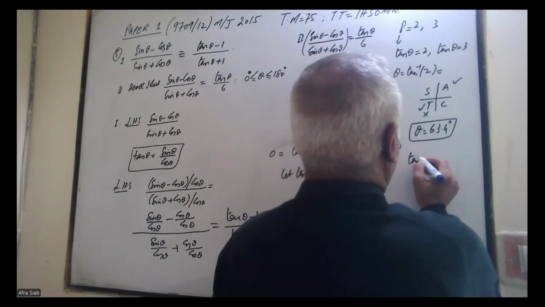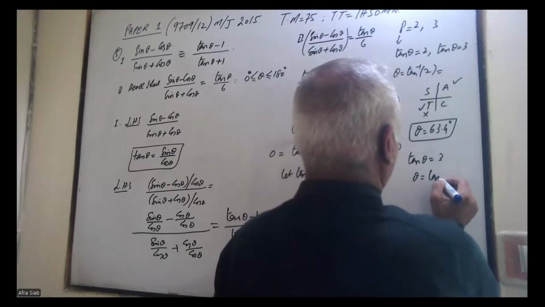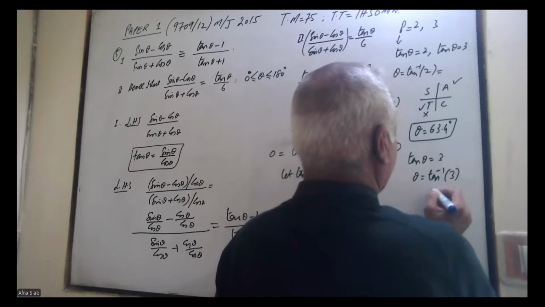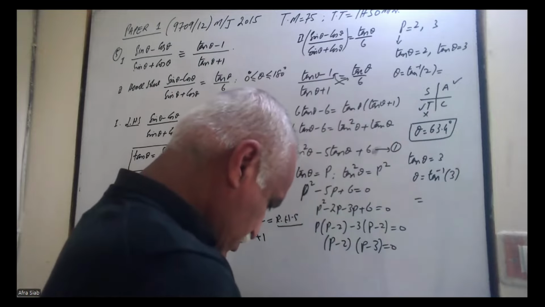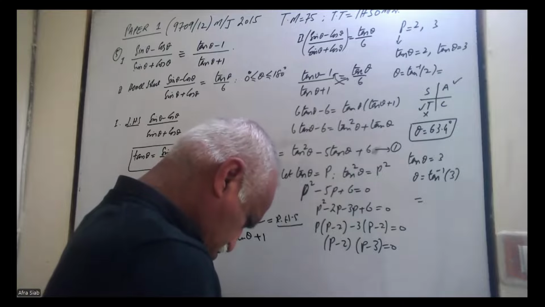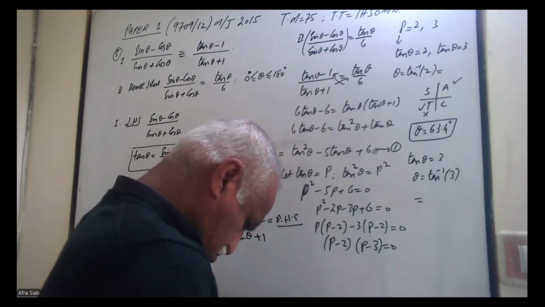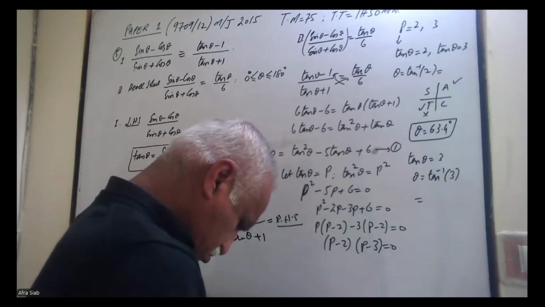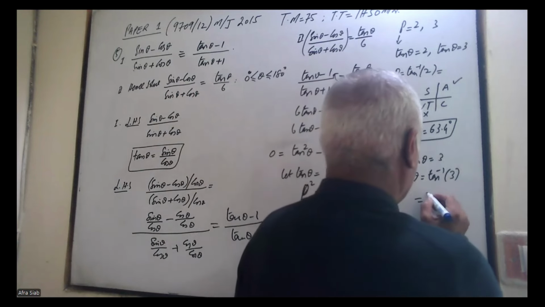Again, tangent theta is equal to 3. Then theta is equal to tangent inverse of 3, and that is also in the first quadrant. So it is 71.6.